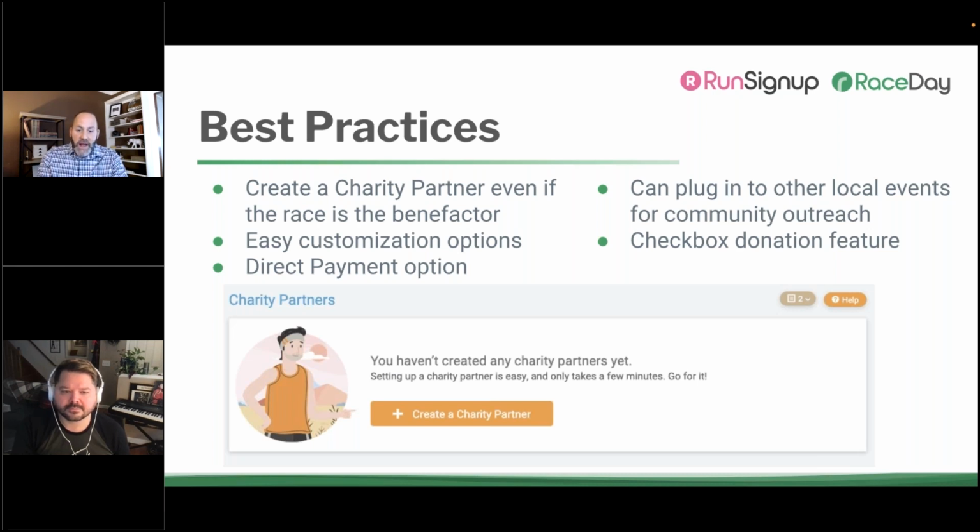There is that direct payment option I talked about, so encourage your charity partners to go through that process and set up the payment account. And the other piece is that this can open opportunities where if you're a timer and you're looking at races that have a nonprofit component, you can tout this functionality to them as a way to incentivize and add additional donations and increase their revenue overall.